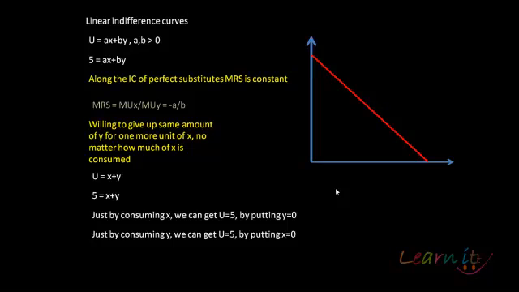But in case my utility function would be u = xy, can this represent a perfect substitute kind of relationship? Maybe no. Because for a perfect substitute, I may consume only one commodity, and that commodity may give the entire satisfaction to me and none of the other commodity.